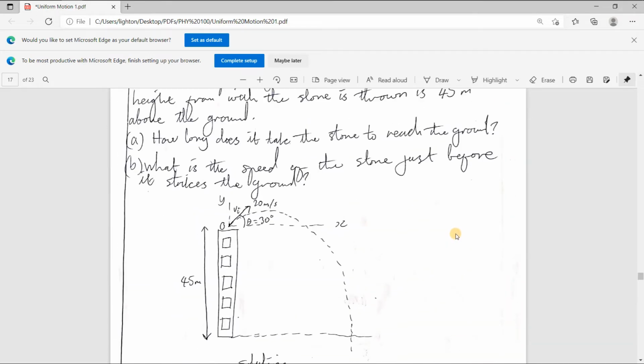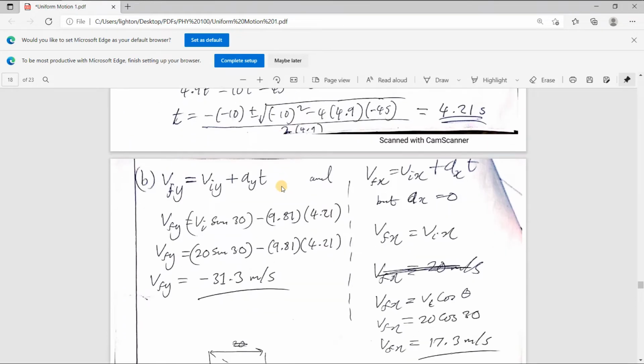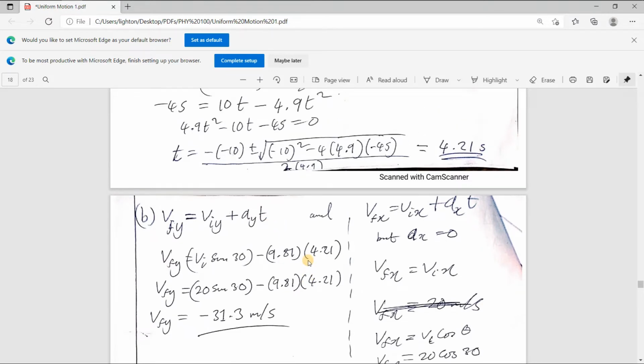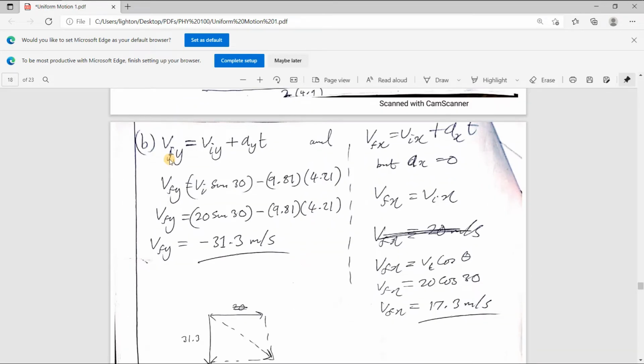Now, this is the time of flight. Now, what is the speed of the stone just before it strikes the ground? We want to find the speed of the stone after this amount of time. So, we're going to solve independently for the y component of velocity and for the x component of velocity.